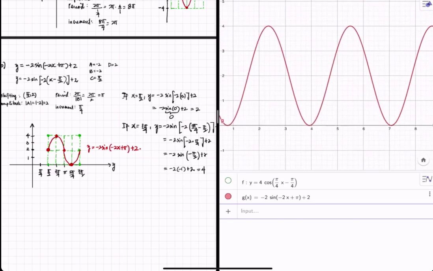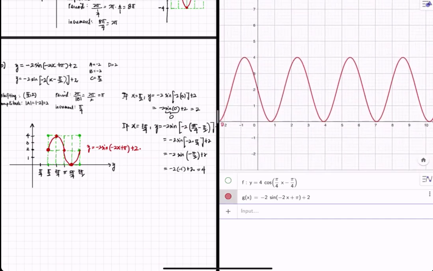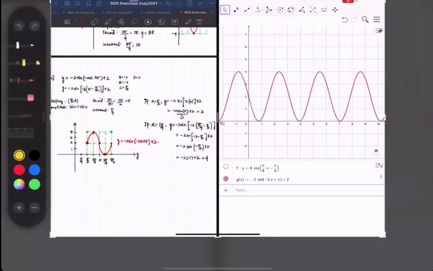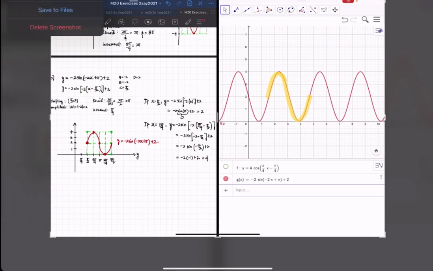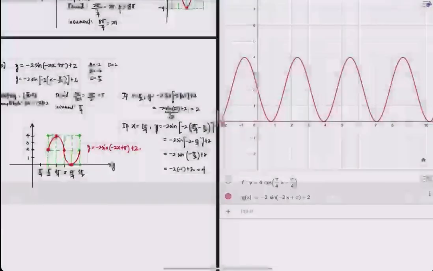So, asan ba yung ginrap natin dyan? So, yung ginrap natin dyan ay ito yan. Okay. Wait nga, check nga natin yung nauna.